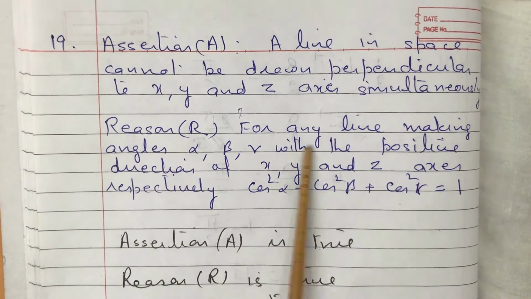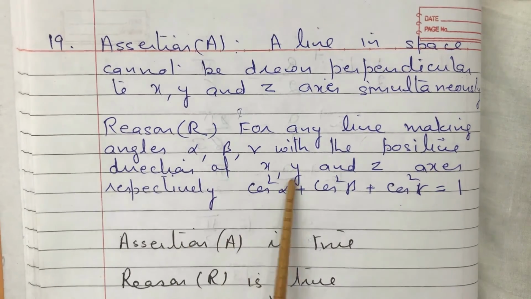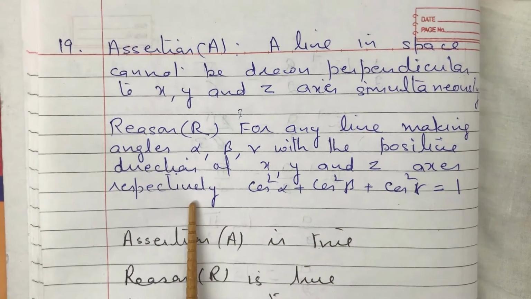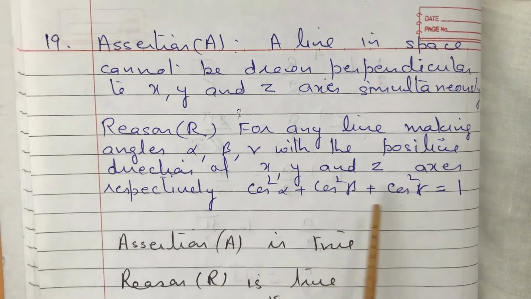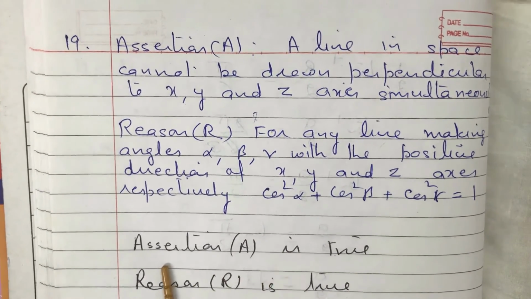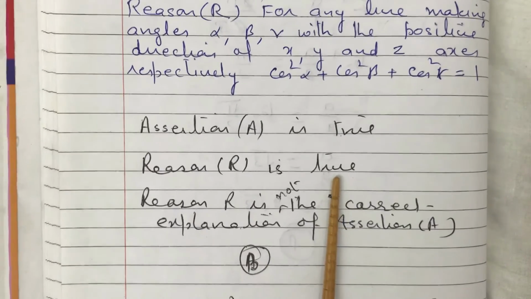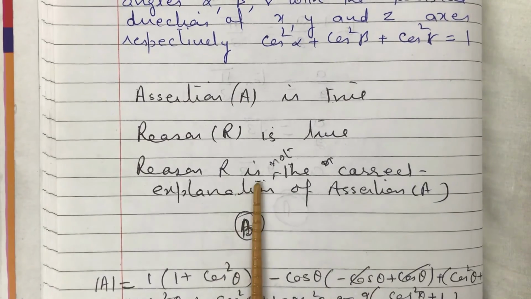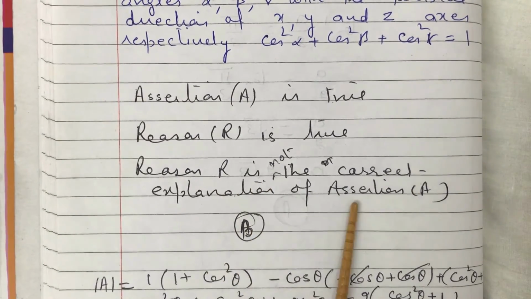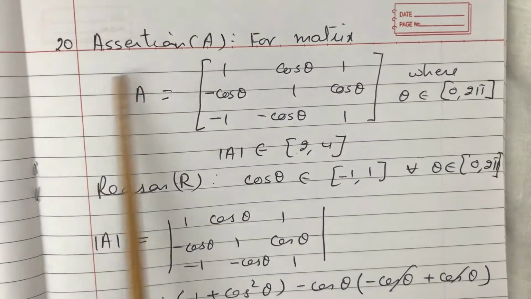Reason R: for any line making angles alpha, beta, gamma with the positive direction of x, y and z axis respectively, cos square alpha plus cos square beta plus cos square gamma is 1. So assertion A is true and reason R is true. Both the statements are true, but reason R is not the correct explanation of assertion A, so B is the option.